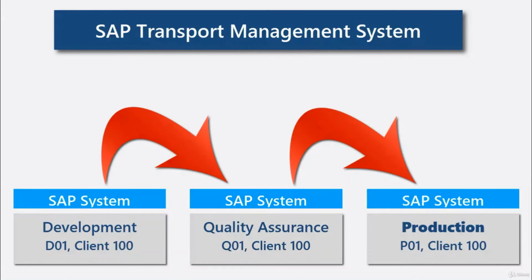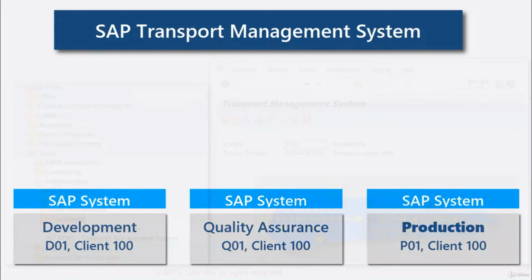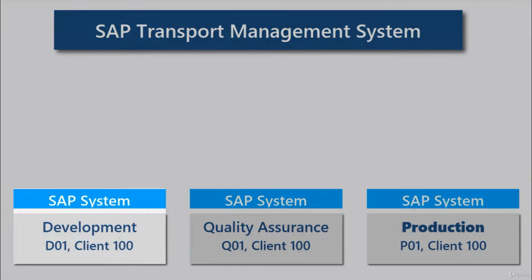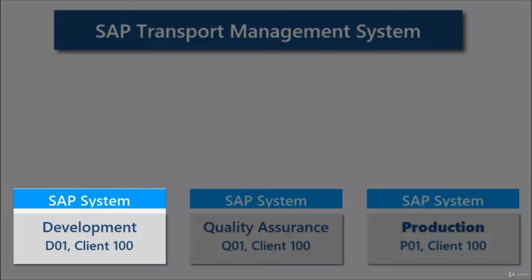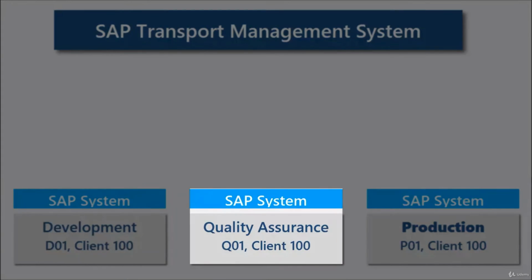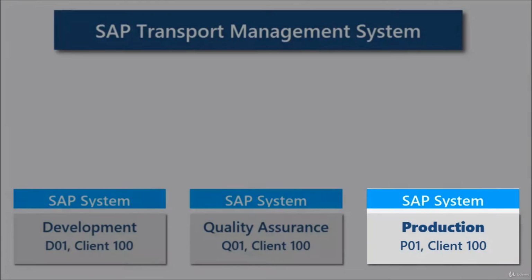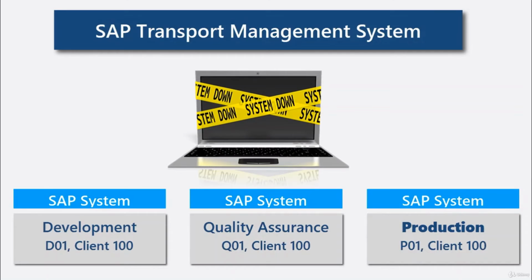This tool is called the Change and Transport System and can be found here in the SAP menu under Tools for Administration. This tool allows you to develop in one environment, test your development work in a test environment, and then, if the tests are successful, use it productively. This makes sure that day-to-day business operations are not placed at risk by faulty settings or program errors.